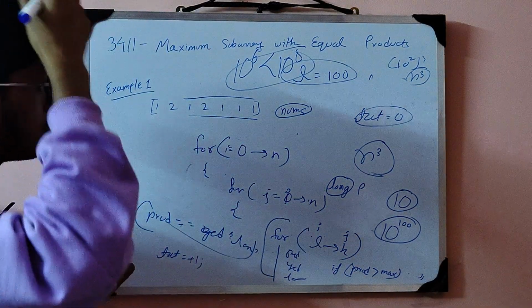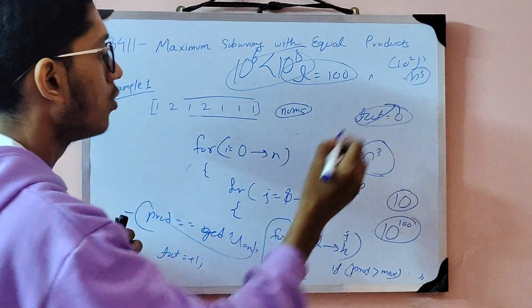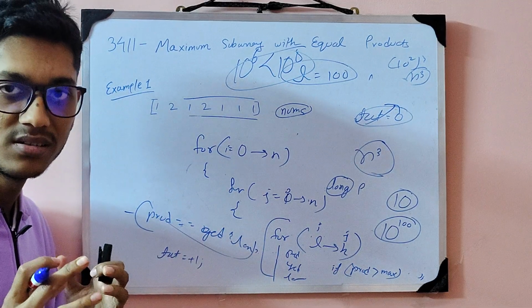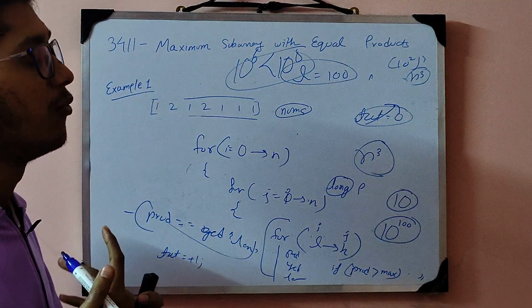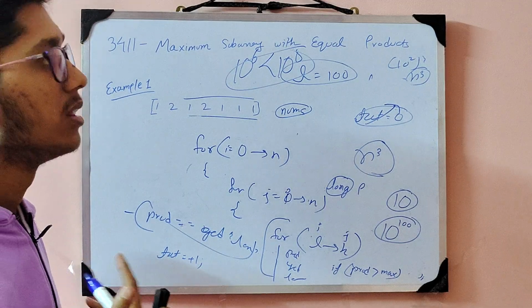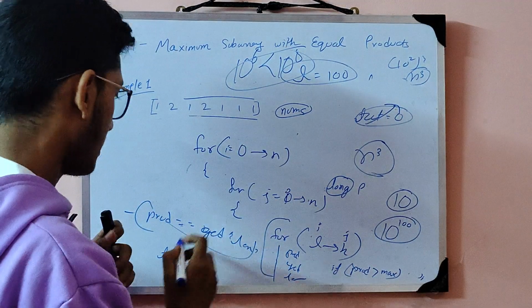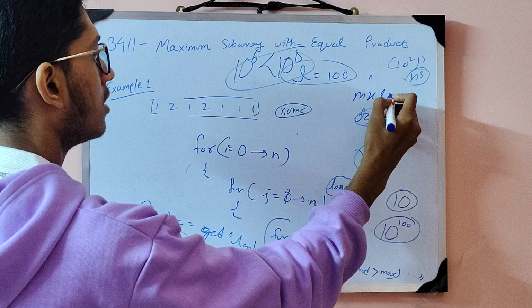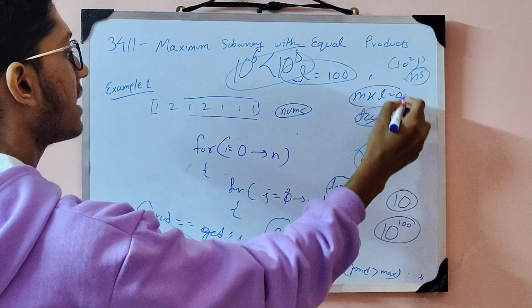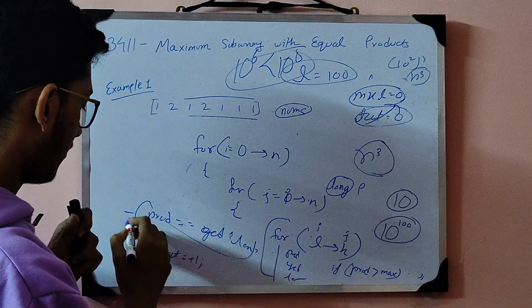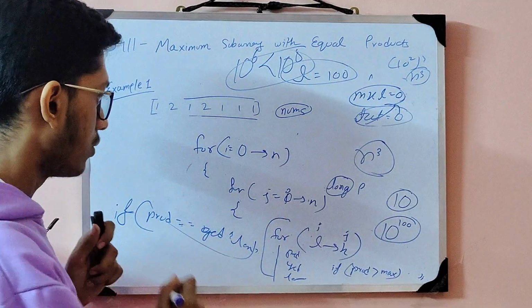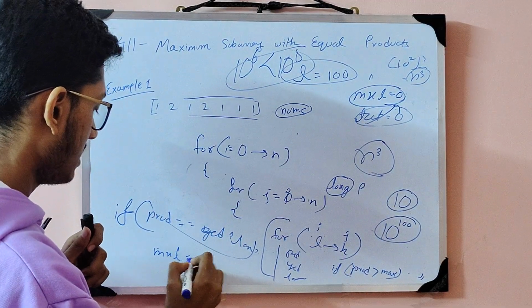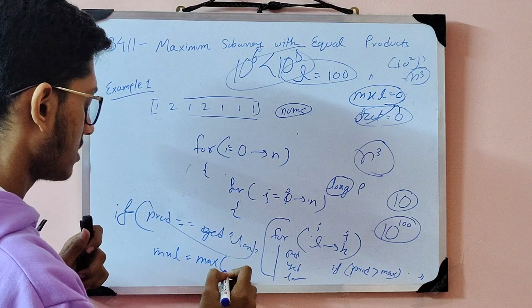Okay, no, sorry, we don't need to find the total number of possible cases. We need to find the maximum subarray length. So you can put something as max length here, and if this condition is satisfied, then max length is equal to Math.max.